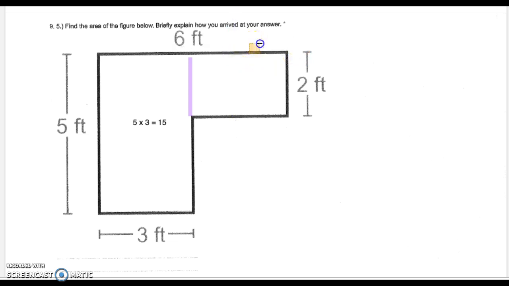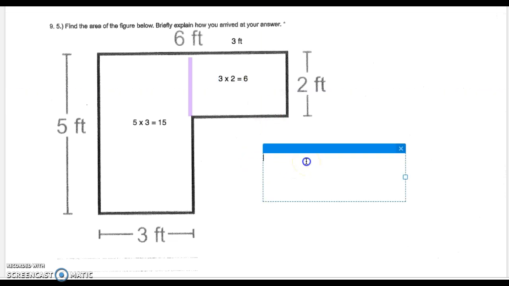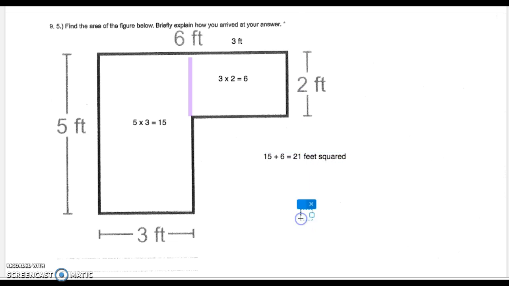So this piece right here must be 3 feet. So that means that this box right here would be 3 times 2, length times width, which would be 6. So then we add the two areas together. 15 plus 6 equals 21 feet squared.